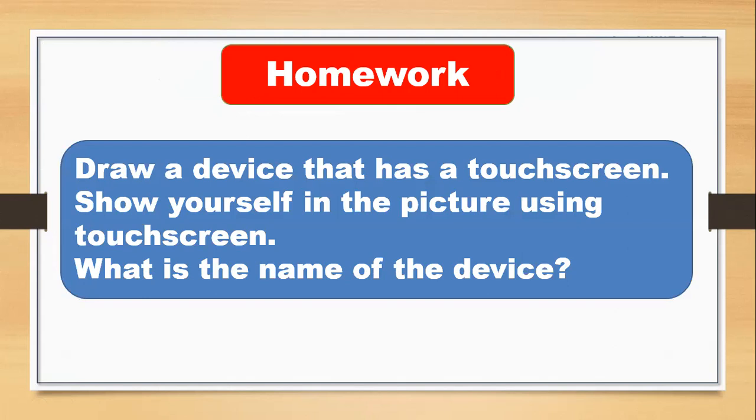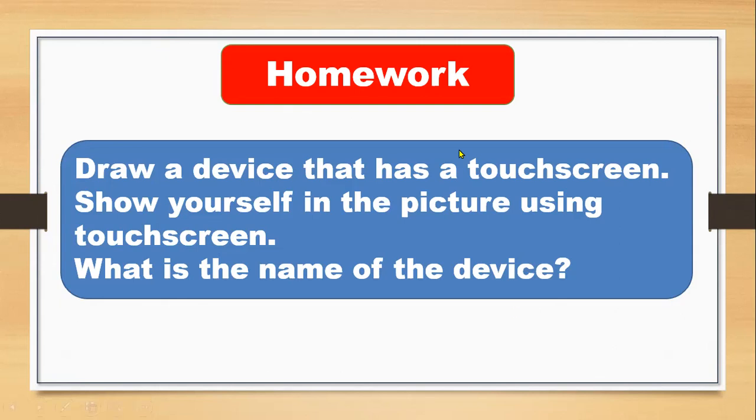These devices are touch screen devices. Show yourself in the picture using the touch screen, with your finger on the touch screen. After that, you have to tell me the name of that device.